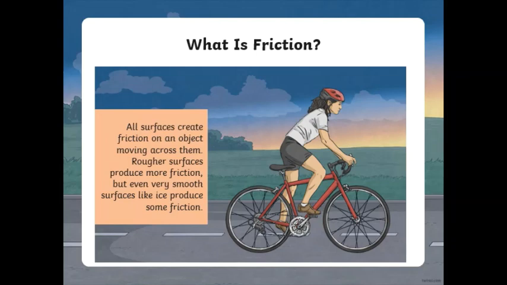All surfaces create friction on an object moving across them. Rougher surfaces produce more friction, but even very smooth surfaces like ice produce some friction. So the rougher a surface is, the more friction it produces, and the smoother a surface is, the less friction it produces.